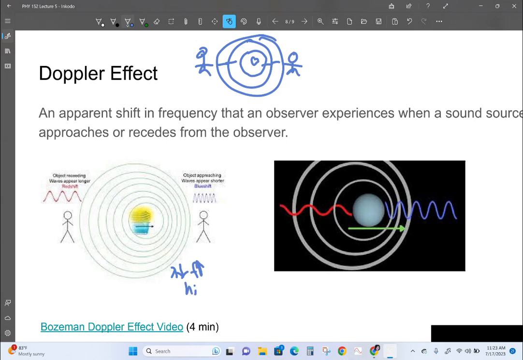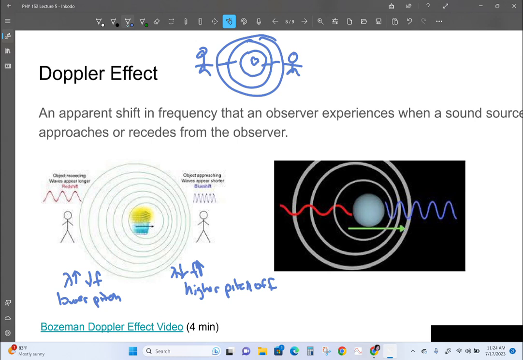So you hear a higher pitch or frequency. And when it goes away from you, it's the opposite. The wavelength gets bigger, which reduces the frequency, so you hear a lower pitch or frequency of a note.